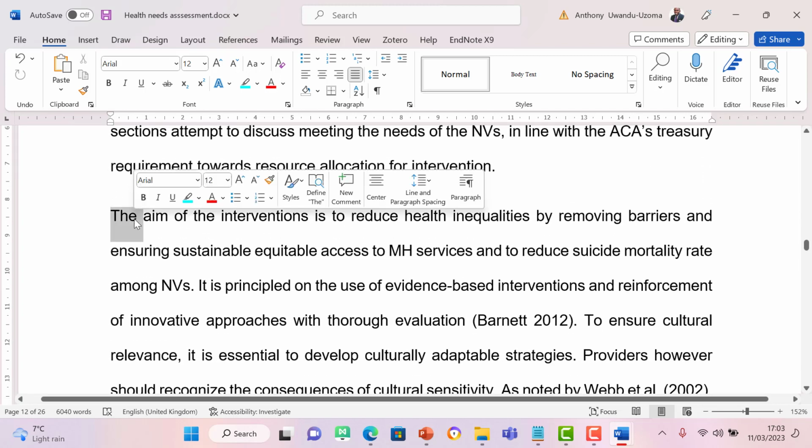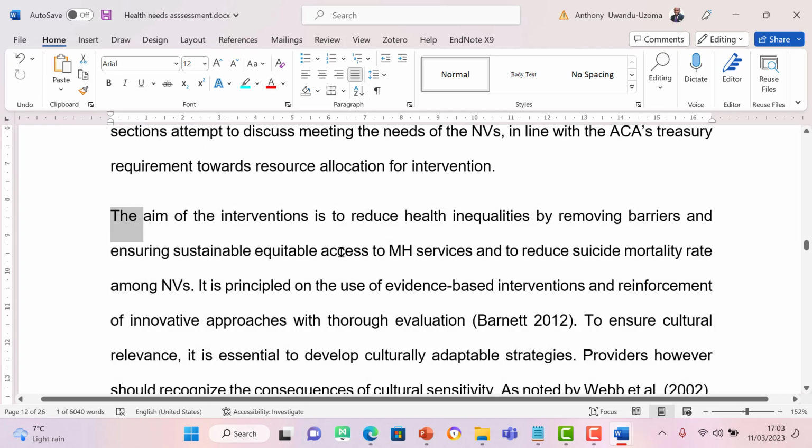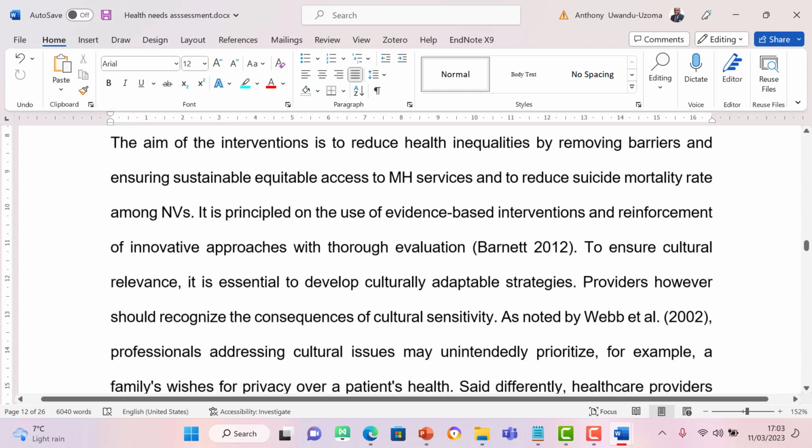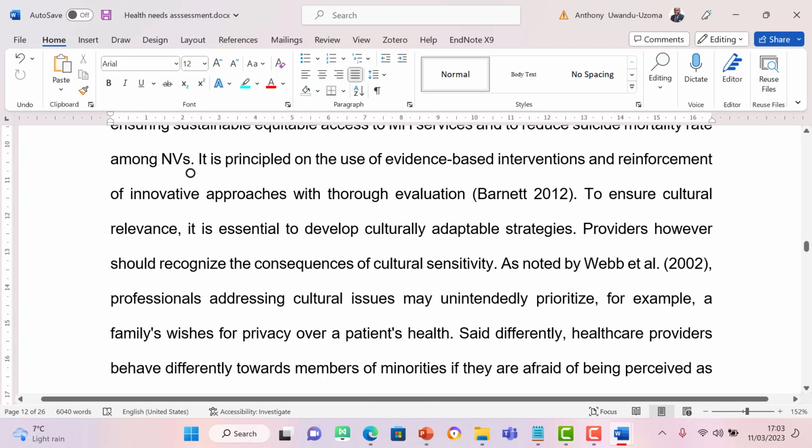Now, the author stated the aim of the intervention is to reduce health inequalities by removing barriers and ensure sustainable equitable access to mental health services and to reduce suicide mortality rates. And also, to ensure cultural relevance, it is essential to develop culturally adaptable strategies. The author didn't give an example, but let me see.